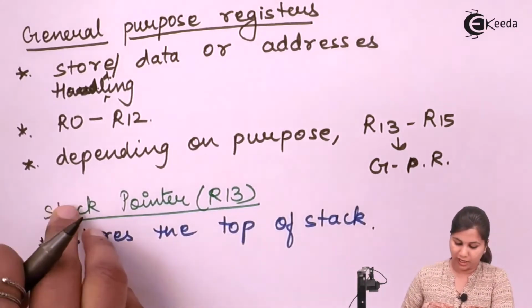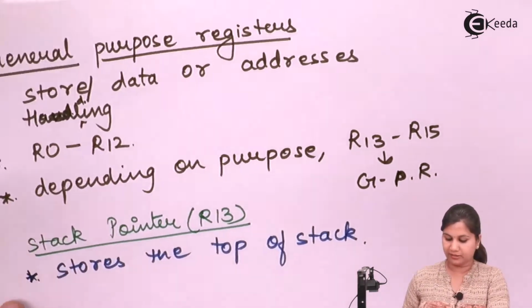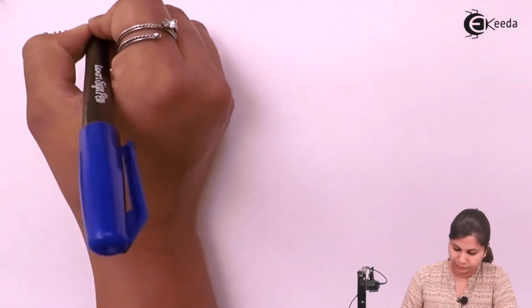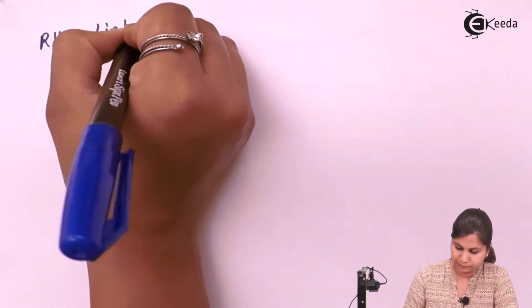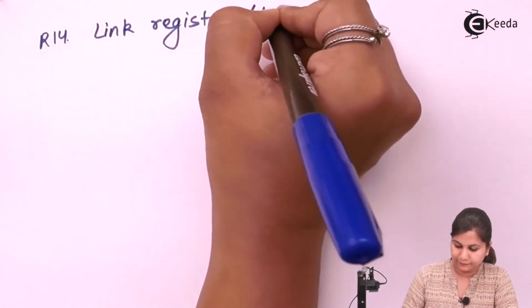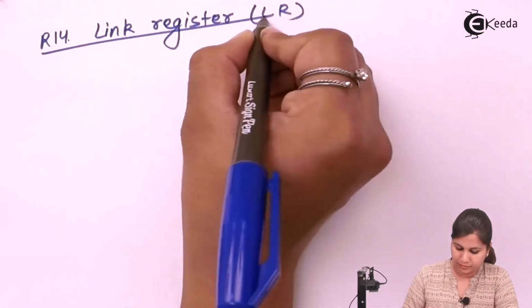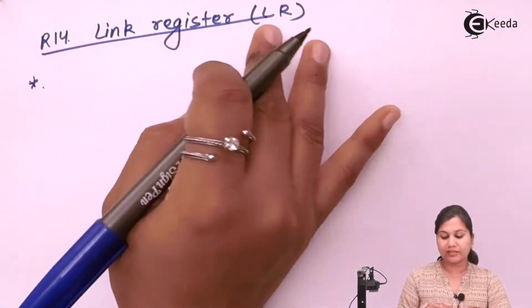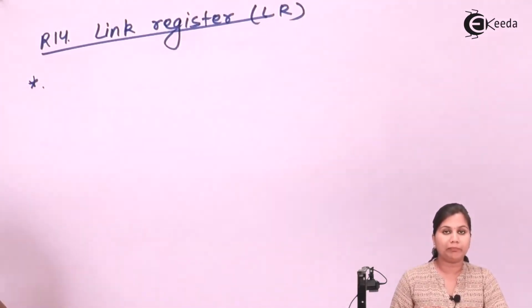The next register is R14, the link register, denoted as LR. This link register is used to store a temporary address.